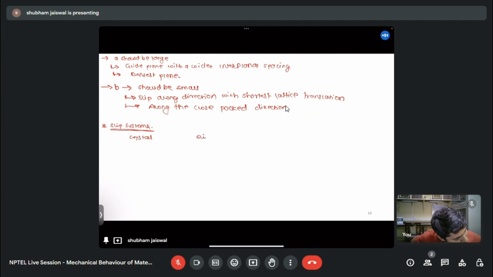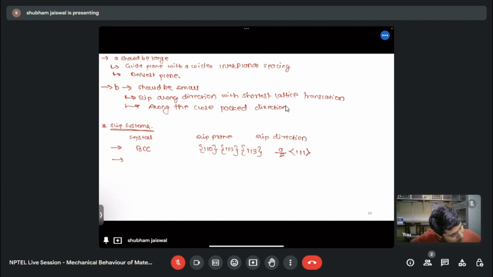Let me write down the slip plane and slip direction. So crystal is BCC, and the slip planes are 110 or 112 or 113, and the slip direction is a by 2 along 111.